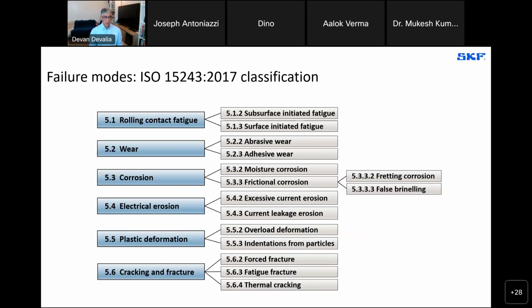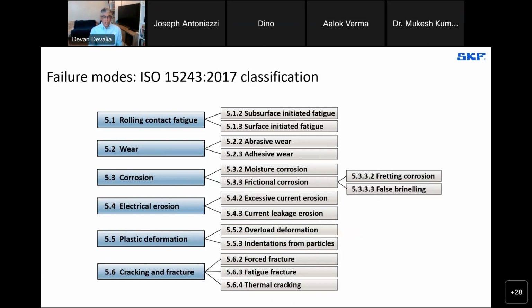And just a quick note that ISO 15243 does not cover manufacturing defects, design problems, etc. So these modes are in effect as soon as a bearing leaves the factory. So as soon as a bearing is packaged and leaves the factory, it is considered to be in service.